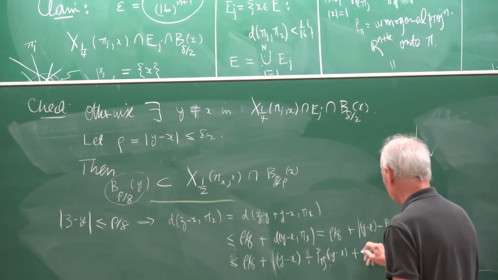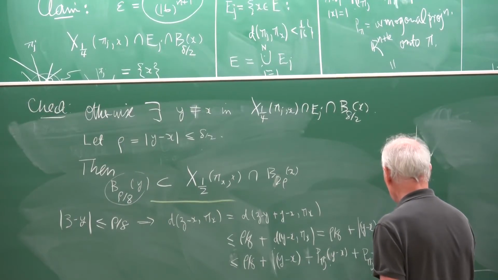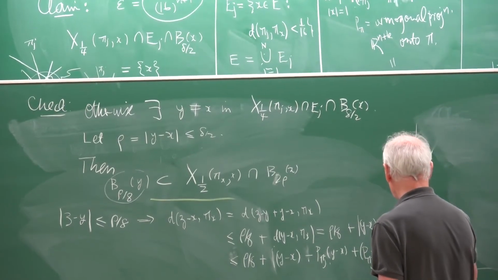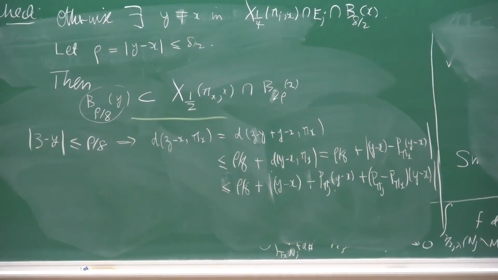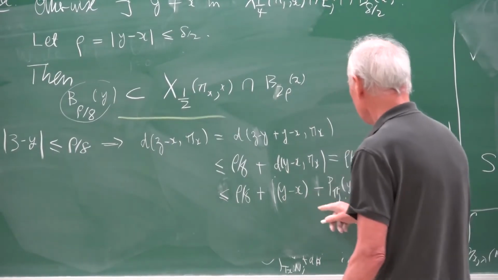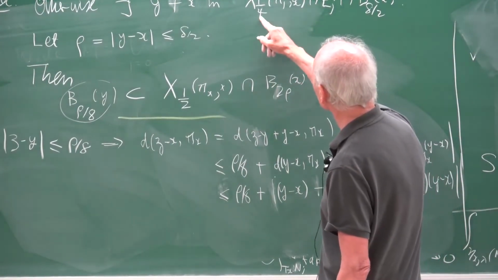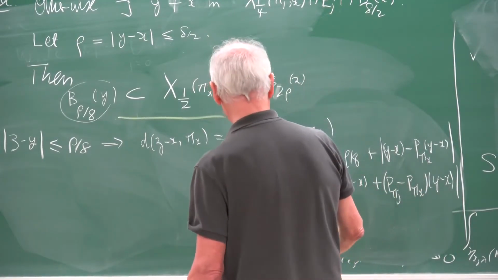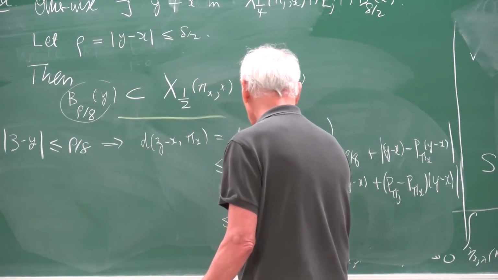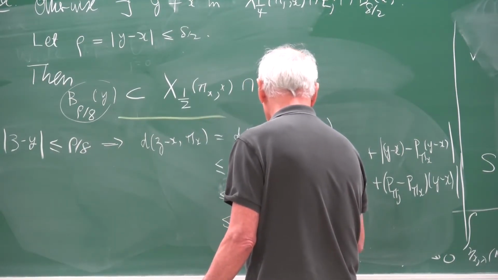I've got to correct that. So I put in p pi j minus p pi x of y minus x. Like that. And now use the triangle inequality. This bit is less than or equal to rho over 4. So this is less than or equal to rho over 8 plus rho over 4.